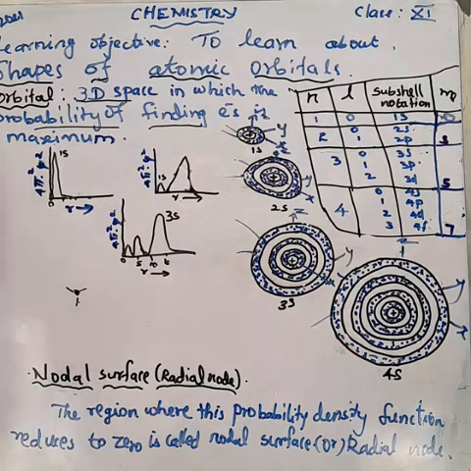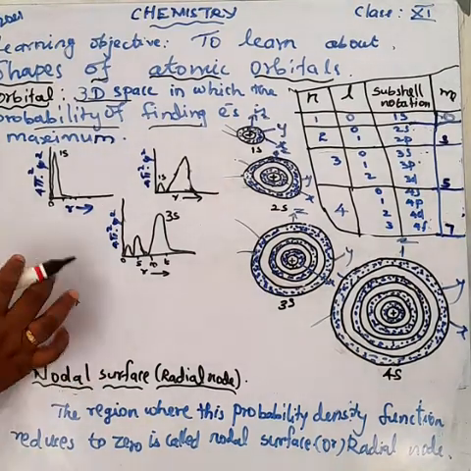Based on the Heisenberg uncertainty principle and the dual nature of an electron, the new quantum mechanical model was developed by Erwin Schrodinger. Who developed the new quantum mechanical model? It was developed by Erwin Schrodinger.